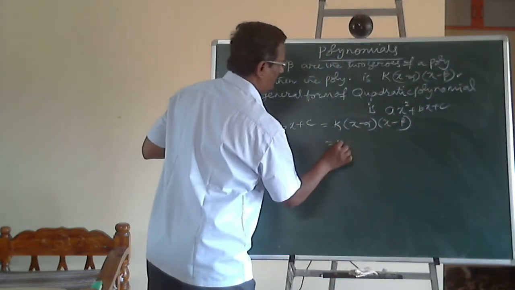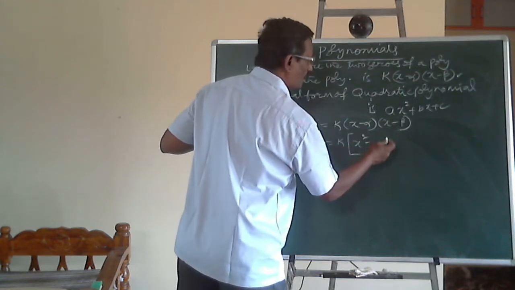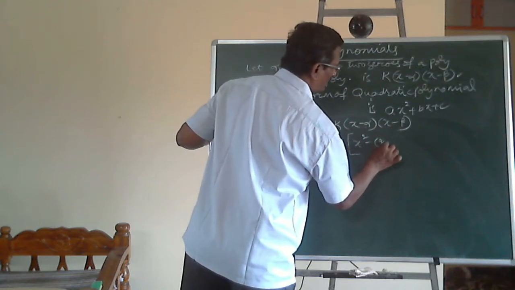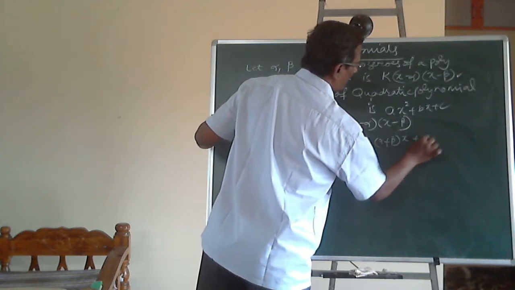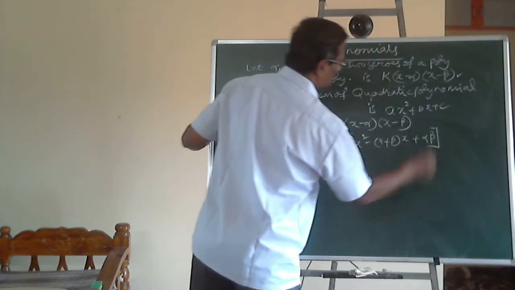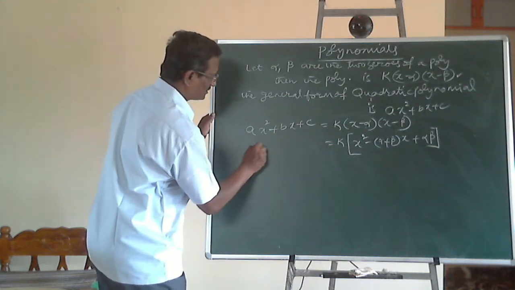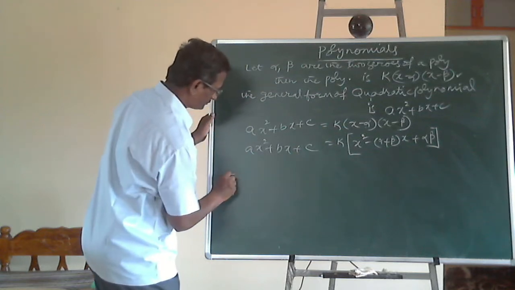If you multiply, k into x square minus alpha x minus beta x. Alpha x, beta x, when you take the common factor, minus of alpha plus beta into x plus alpha beta. This is the product.